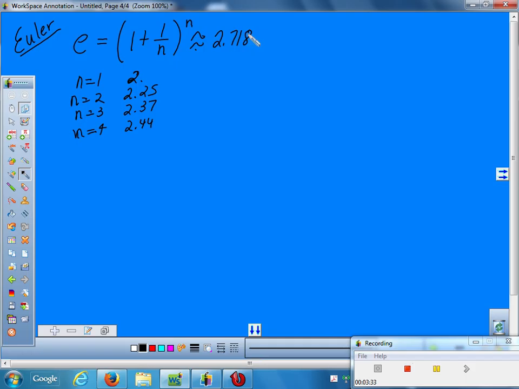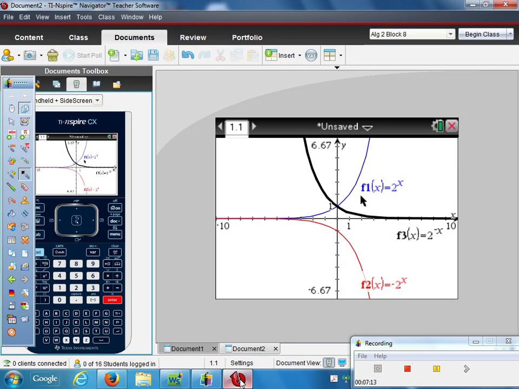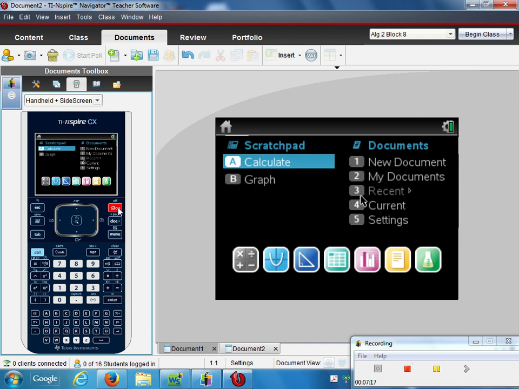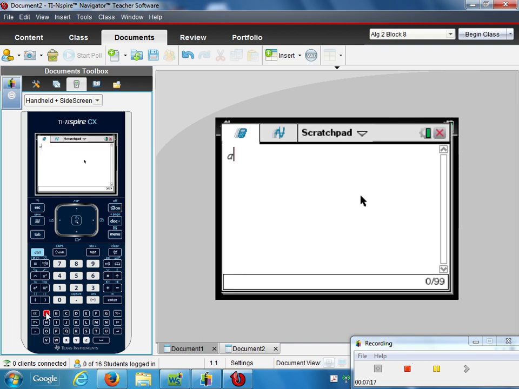On your calculators, you have an e to the x key. If you hit your e to the x key, whoops, that was wrong. I should hit shift.